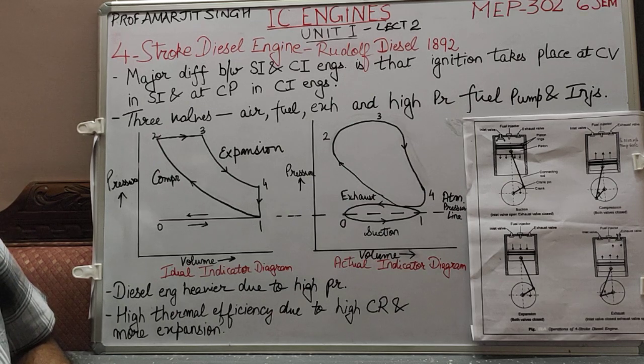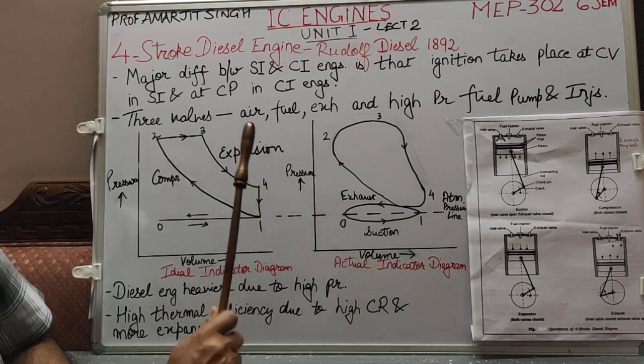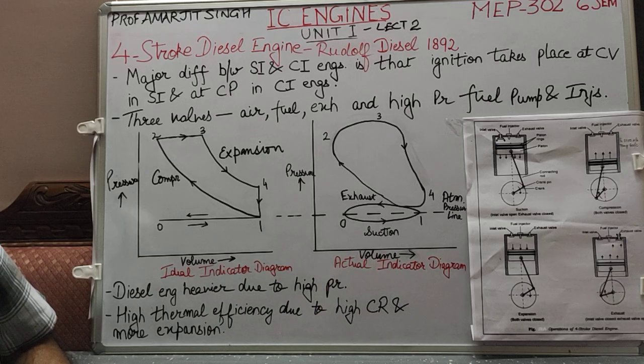And the major difference between a spark ignition and compression ignition engine is that the ignition takes place at constant volume in spark ignition, which we had seen last time. And in this case, for diesel engines, it is at constant pressure in CI.